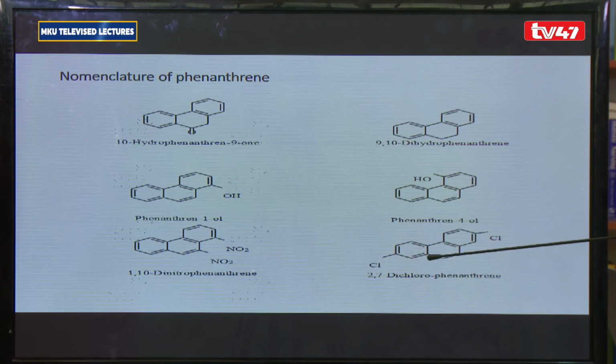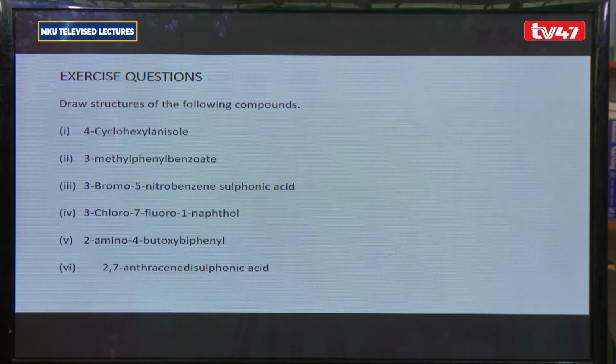No, it should be 1, 2, 3, 4, 5, 6, 7. So we have chlorines at position 2 and 7. That then means that it is 2,7-dichlorophenanthrene.